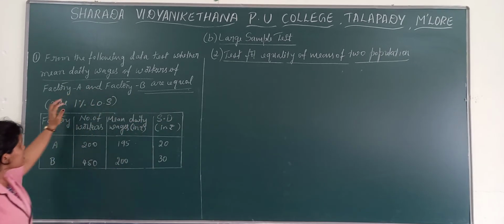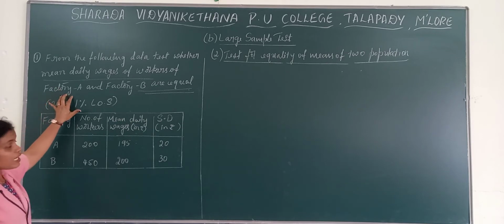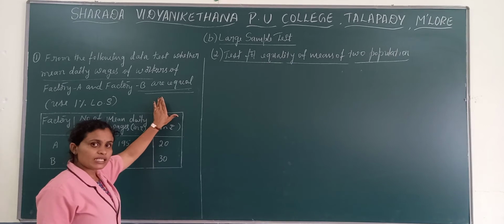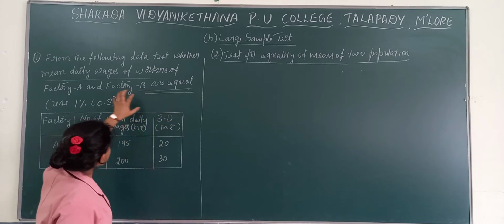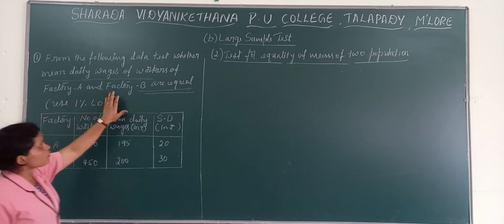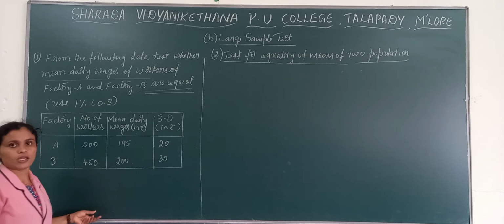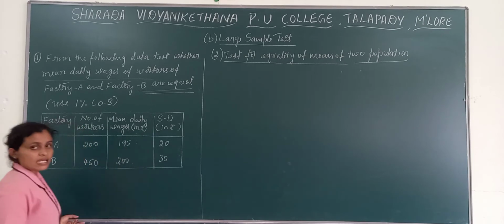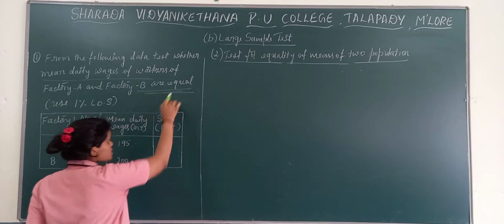Or if the mean daily wages of factory A is greater than factory B, then we take it as right tail. But here the question says the mean daily wages of workers of factory A and factory B are equal. So we can easily make out that it is a two-tailed test.